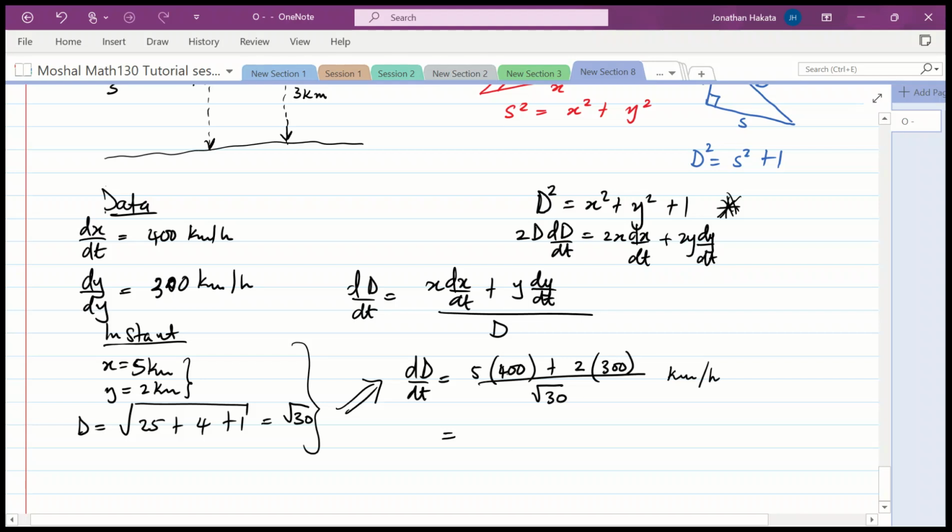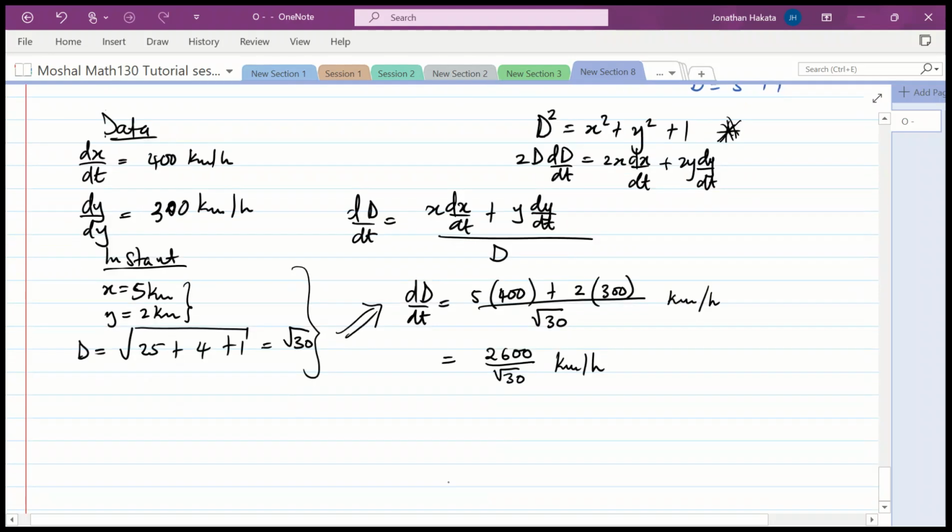So if you say 5 times 400 plus 2 times 300, which is 600, you end up with 2600 over a root of 30 kilometers per hour. If you don't have a calculator, you can leave your answer like this, or if you have calculators, I think this should be to 2 decimal places. It should be 474.34 kilometers per hour.